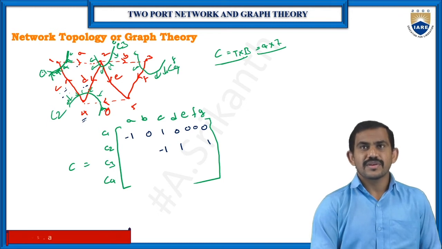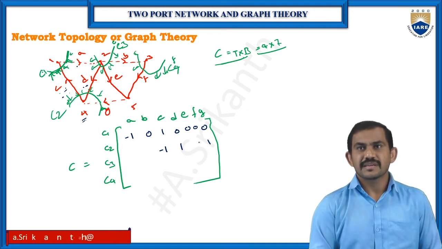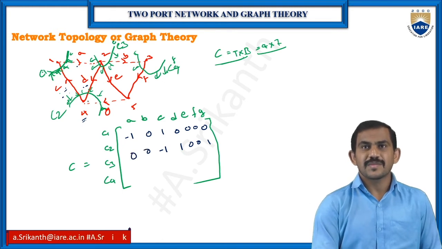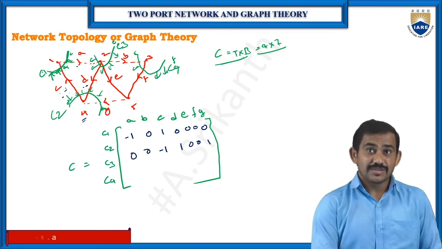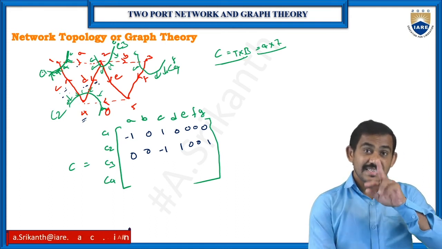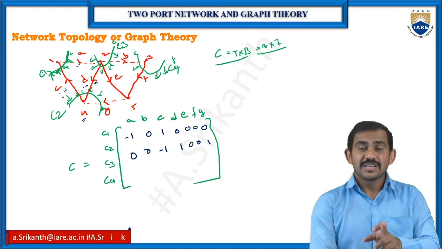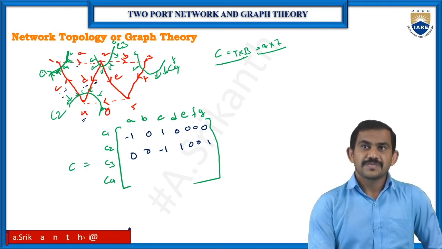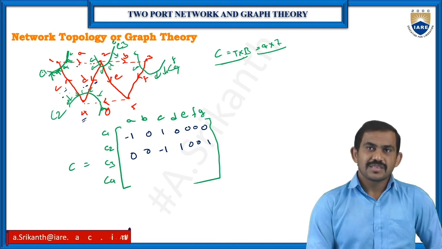And G also incoming, +1. So remaining are zeros. At the 4th node I cut the D branch. D branch is your tree, so the tree direction is incoming currents. So incoming currents are positive, remaining outgoings are 0.